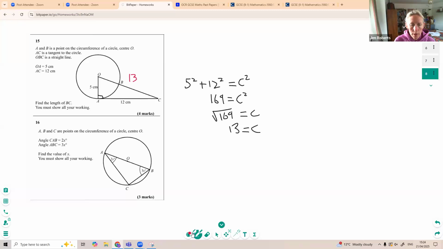I also know that's a radius, and this is a radius, which is 5. So B to C has got to be 8, because 13 take away 5 is 8.